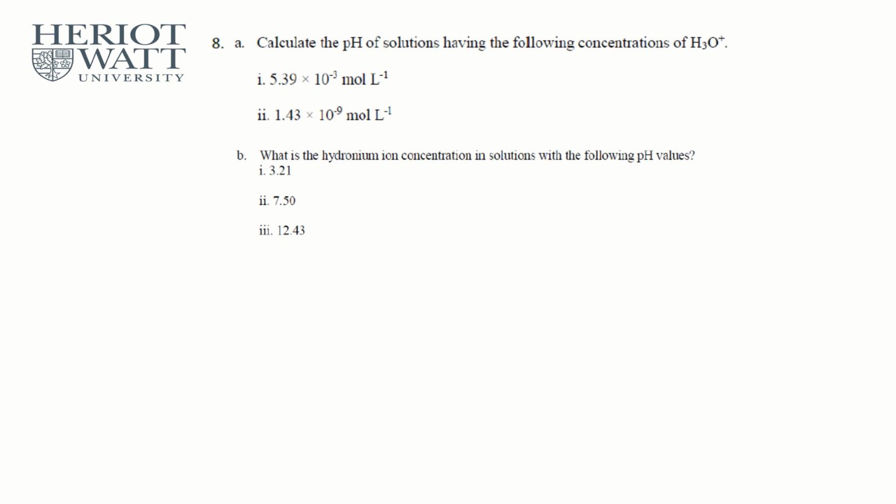Okay, number 8. Calculate the pH of solutions having the following concentration of H3O plus. This is a bonus question because they give you the concentration of H3O plus straight away. So then we just put into the calculation. pH equals to negative log what? 5.39 times 10 to the power of negative 3.